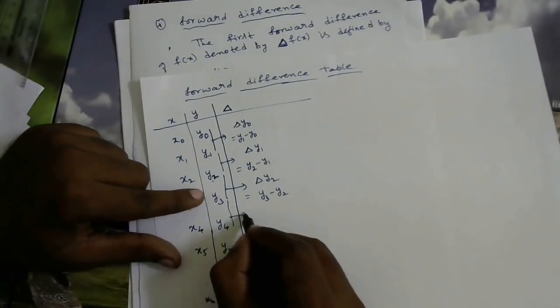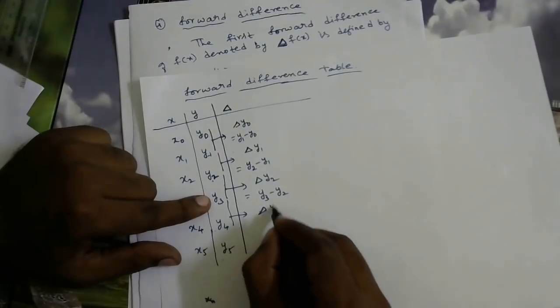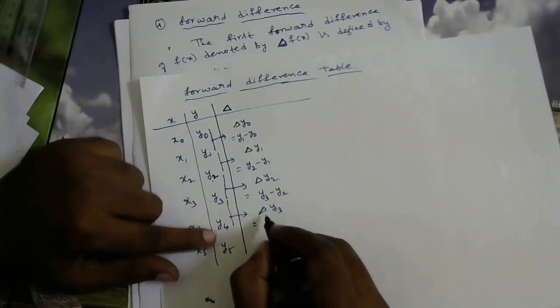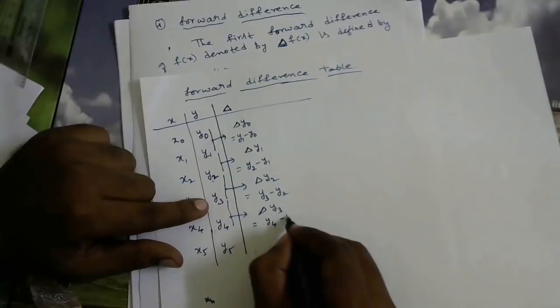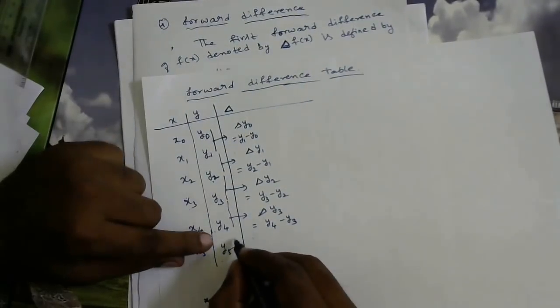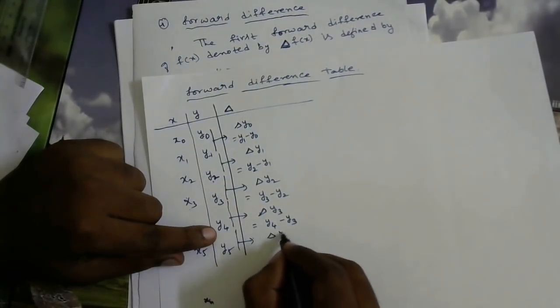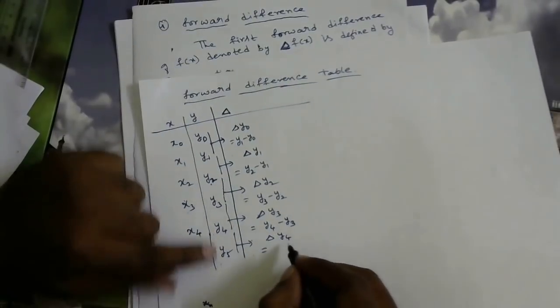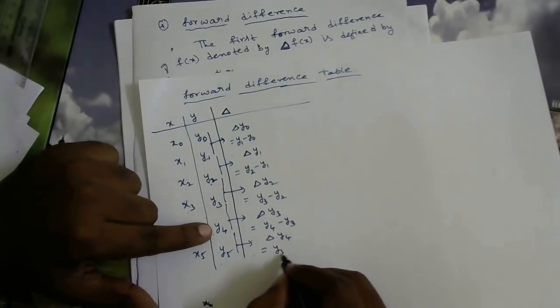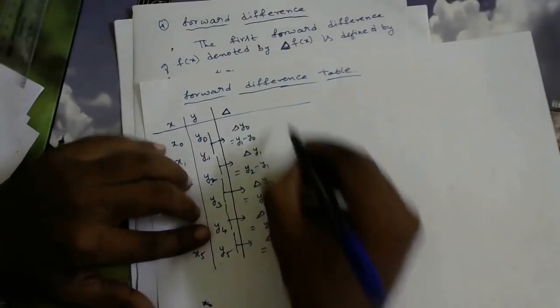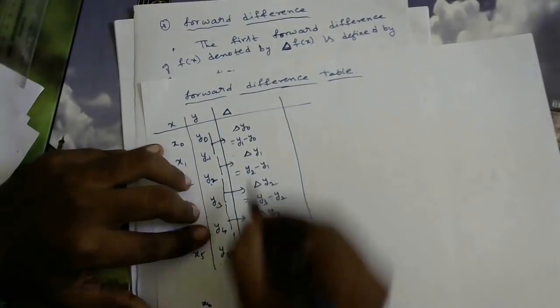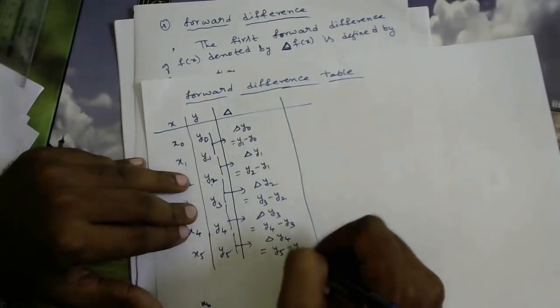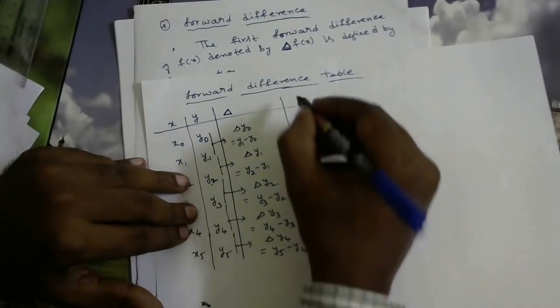Then delta y3 equals y4 minus y3, and delta y4 equals y5 minus y4. Now these are all called first differences.